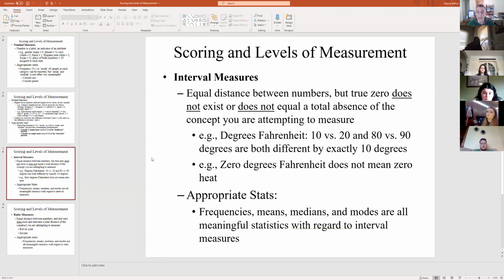So the Fahrenheit scale, as well as the Celsius scale, are considered interval measures, because the difference between 10 and 20 degrees is the same as between 80 and 90 degrees. They're both exactly 10 degrees difference. It's only interval and not the next level up, ratio, because a true zero on a Fahrenheit scale does not really exist. There is a zero on that scale, but it does not mean the total absence of heat.